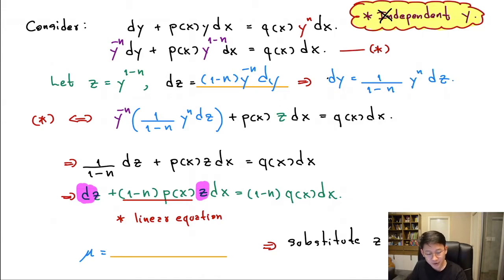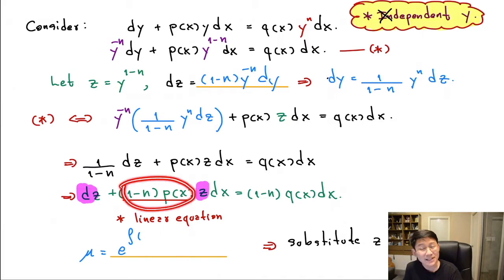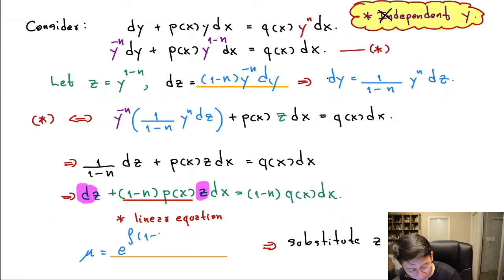So what is mu? Mu would be just e to the power of the integral of the term in front of z, right? We did that in the previous video. So it's e to the integral of (1 minus n) p(x) dx.